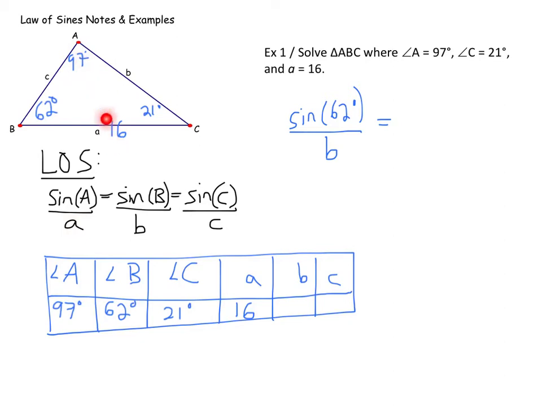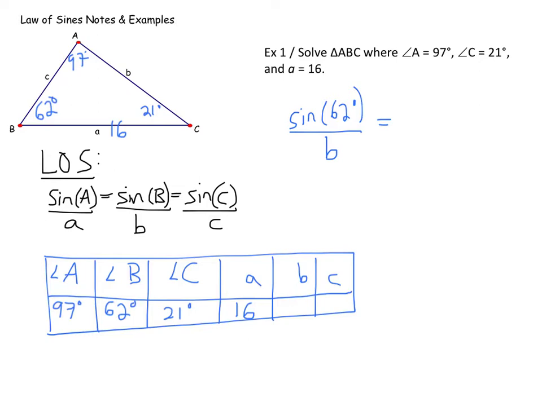So you really want to look for a situation where you have an angle that you know and the side opposite it. That's a really good clue that you're probably going to be using the law of sines. And notice how I abbreviated LOS. Alright, so we're going to use this in both situations, to solve for B as well as to solve for C. So the sine of 62 over B, those 2 components go together, a side and an angle.